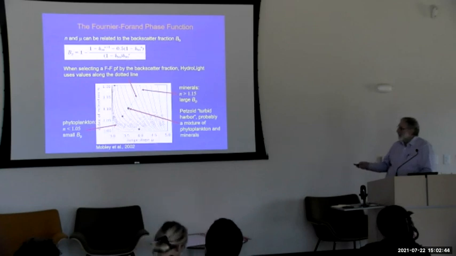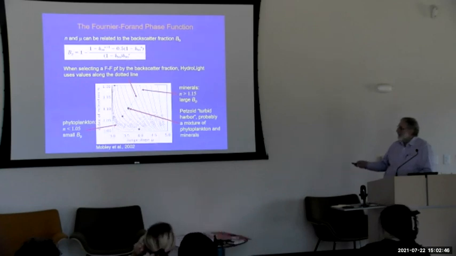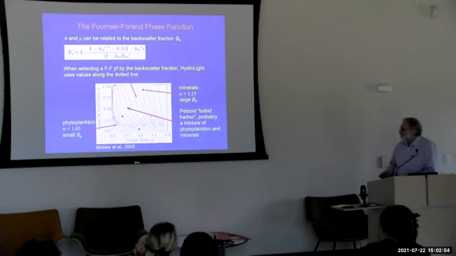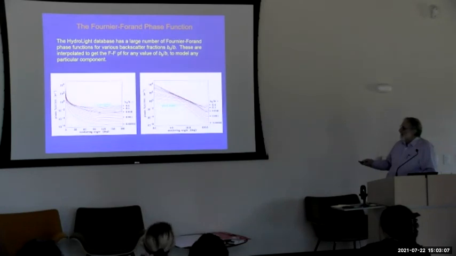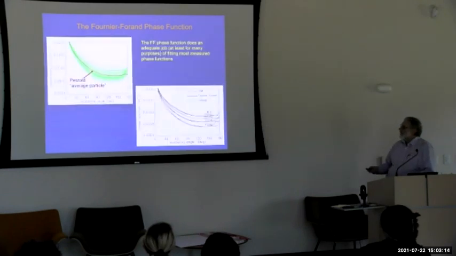And that can range from phytoplankton down here at 0.5% up to mineral particles, maybe 1.2%, and it goes back and forth along these lines. And here's the Petzold average particle phase function, which has a backscatter fraction of 1.83%. It's right there. There's a whole family of these built into HydroLight, so you pick the backscatter fraction, it'll go get the appropriate phase function.